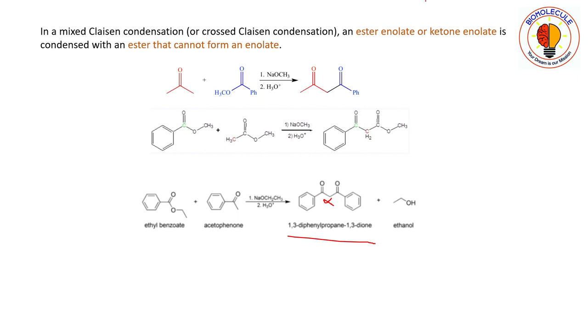Why am I saying Knoevenagel type? Because in the Knoevenagel reaction we were using active methylene esters, and Doebner modified these esters to acids.